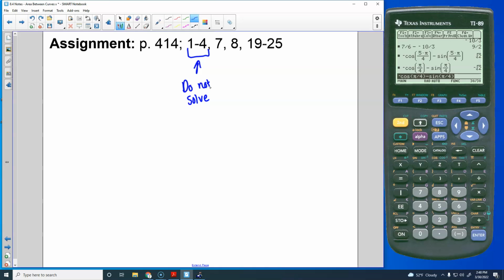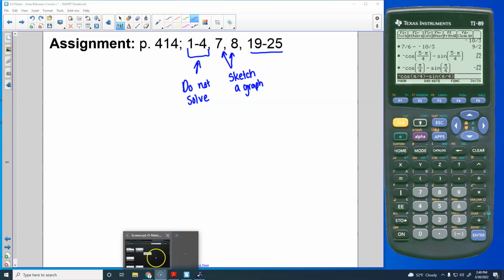Those should take seconds to do. 7 and 8, these are the ones where you sketch a graph, like example 3 that we did where we were just sketching that graph based on the integral that it gave us. 19 through 25 are the ones that you actually have to work out. You may use the calculator to do that last part on those, so that will hopefully speed it up for you a little bit. I was going to do a problem from the midterm review, but I would rather you guys have a little time for your homework, so just go ahead and work on that.